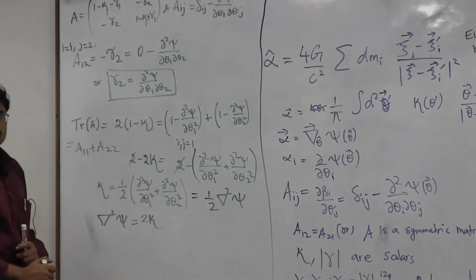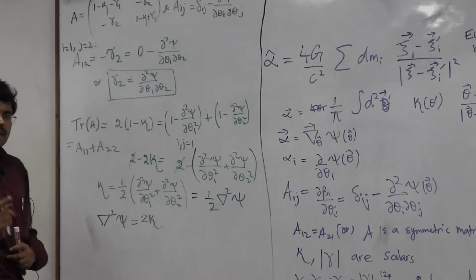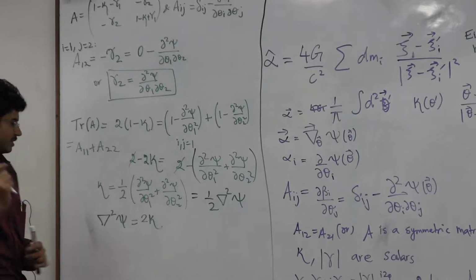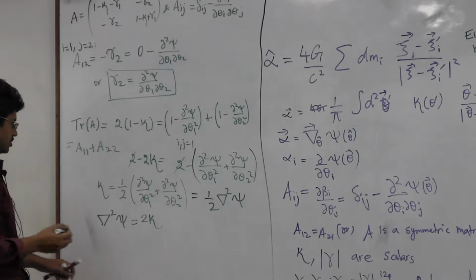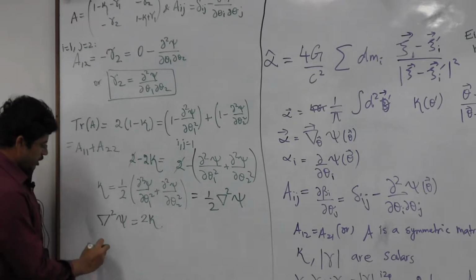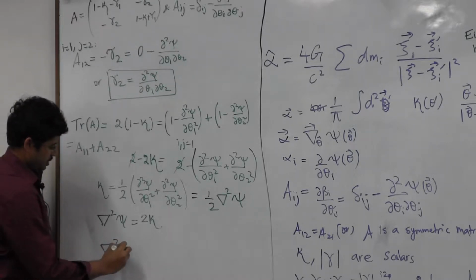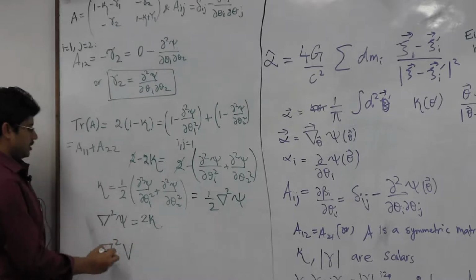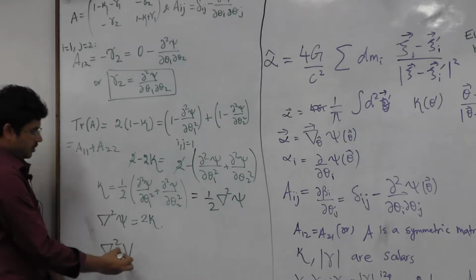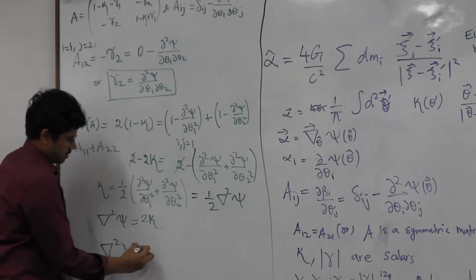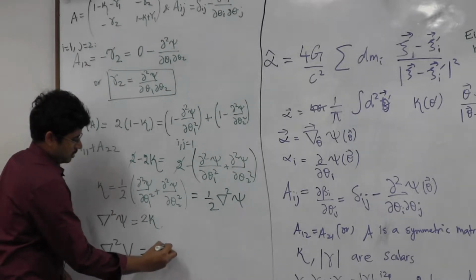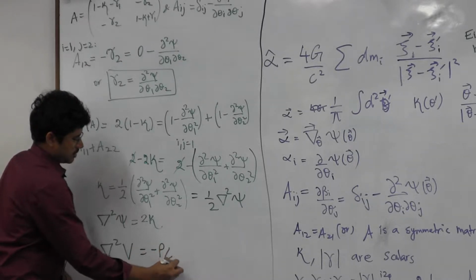So you get something like this. You probably have not taken electrodynamics, but this is very close to what you get in electrodynamics, that the Laplacian or the gradient square of the voltage will be the charge density times a constant.